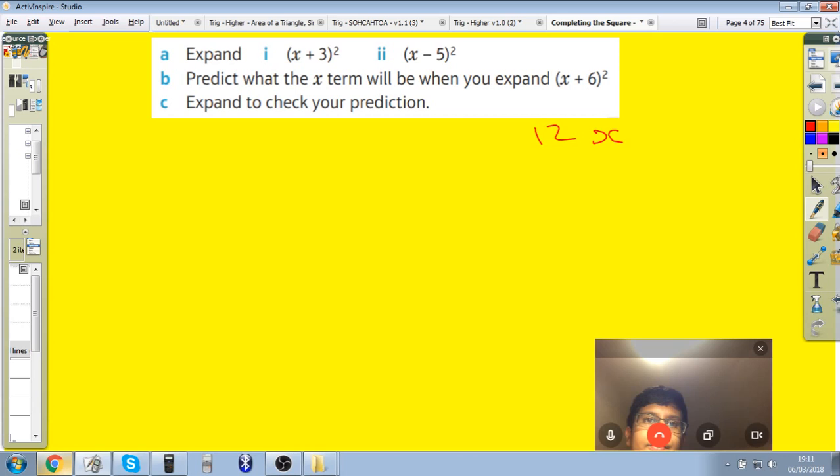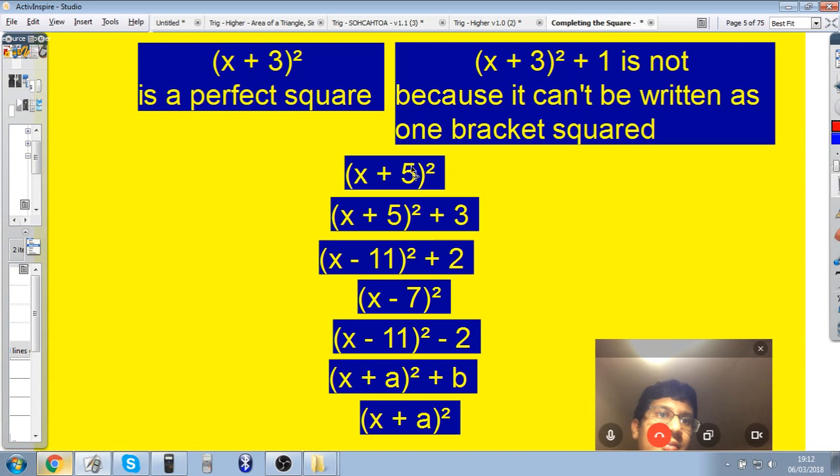Okay, so a perfect square is when it's just one bracket squared. This one here, x plus 3 squared plus 1, is not a perfect square because it's not one bracket squared. So for all of these, perfect square or not perfect square, left or right? So x plus 5 squared is a perfect square.